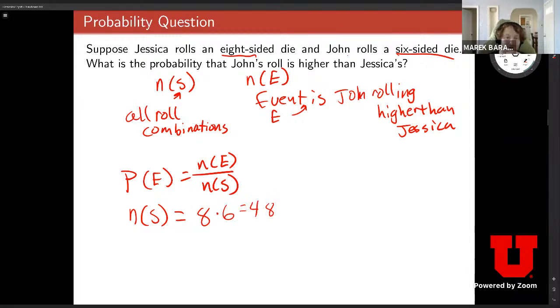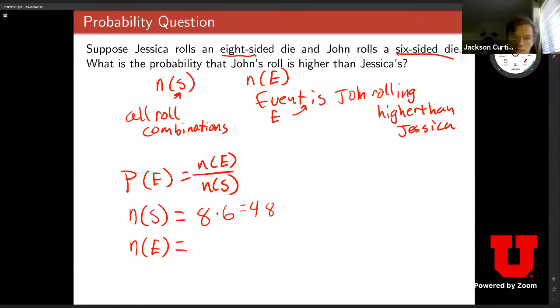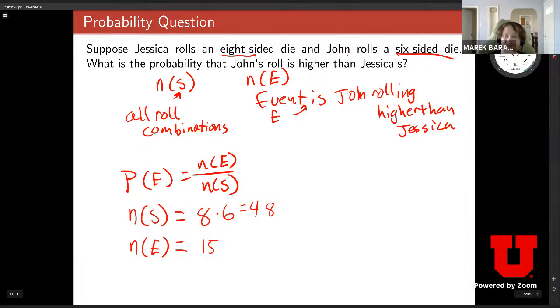Okay, so what's the number of events? Does anyone know? Okay, yeah, that's fine to manually add them. So I'm seeing 15, but I manually added them. Yeah, so 5, 4, 3, 2, 1.